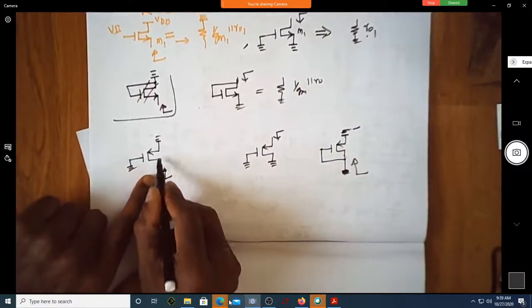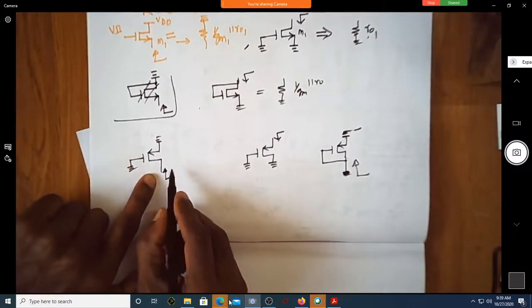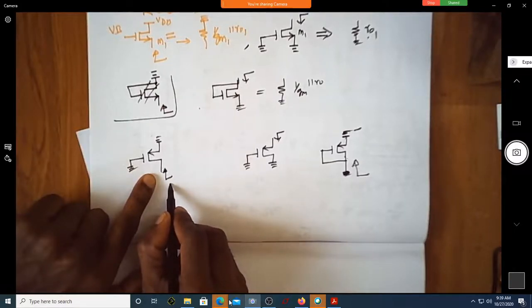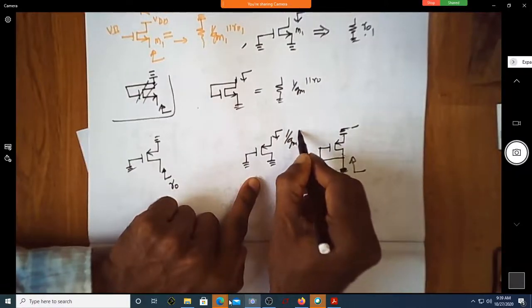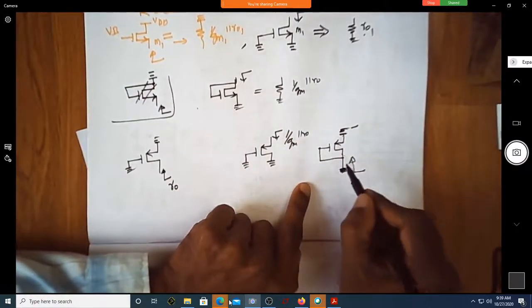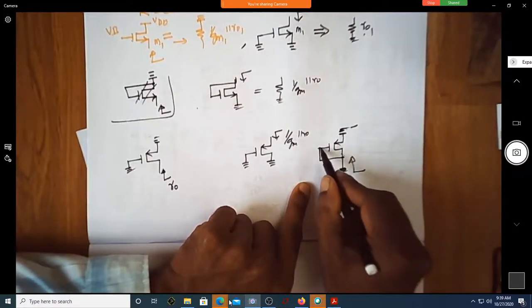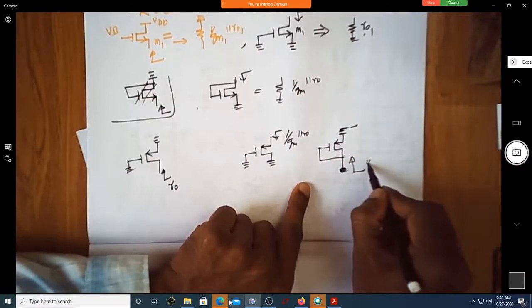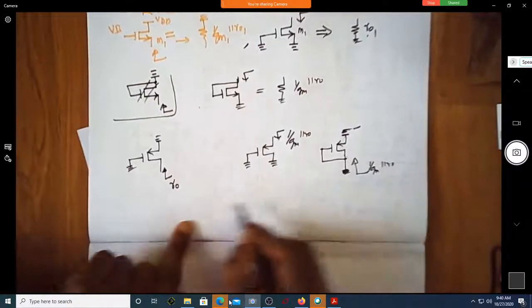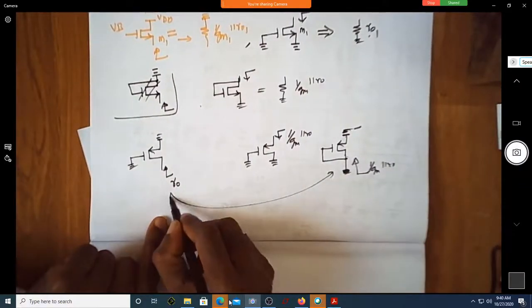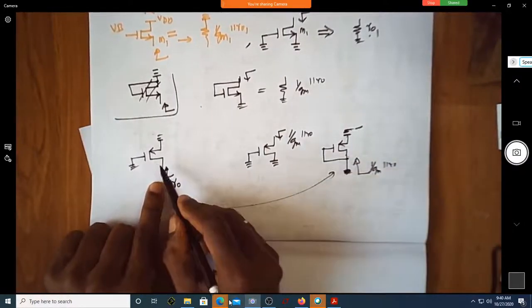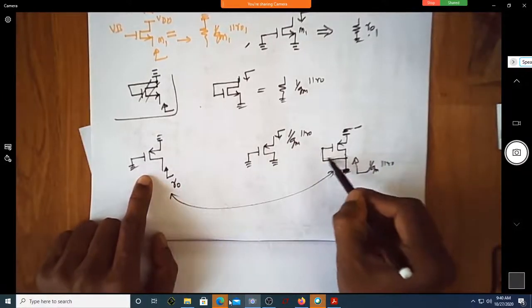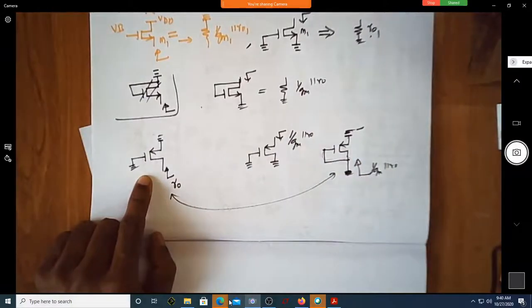If you are looking from the drain, it is R0. If you are looking from the source, it is 1 over Gm in parallel with R0. If you are looking again from the drain, but drain and gate are shorted, it is again 1 over Gm in parallel with R0. See the difference between these two. Here the gate is connected to ground, and there it is connected to the drain.